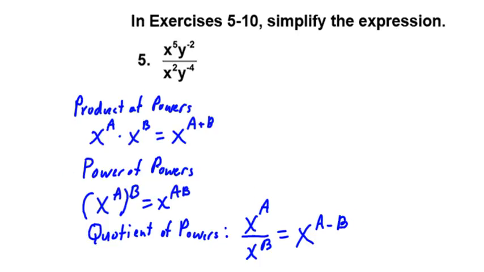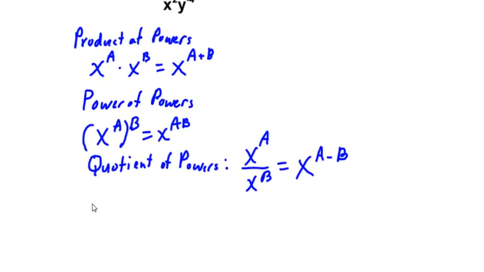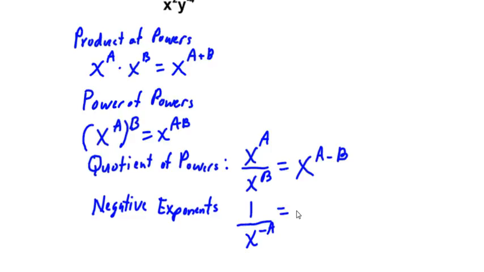There's the rule of negative exponents. I'm just going to write this down here. Negative exponents. And that rule is 1 over x to the negative a power is equal to x to the power of a.